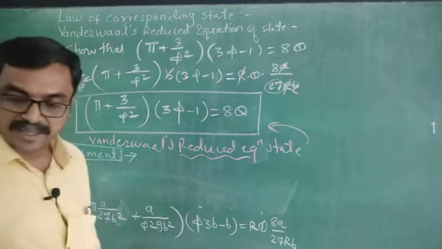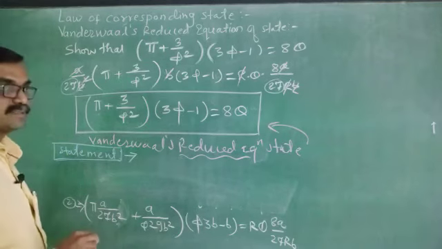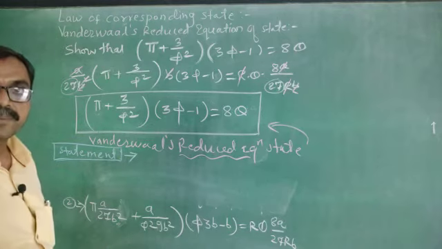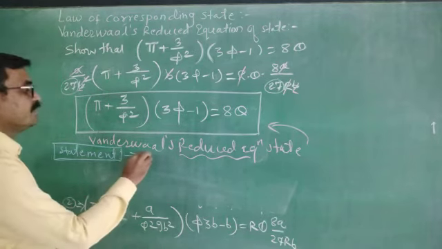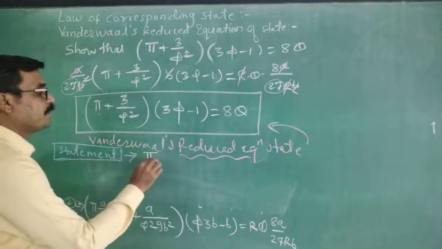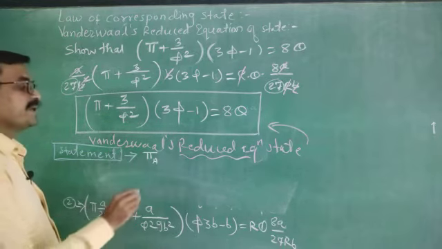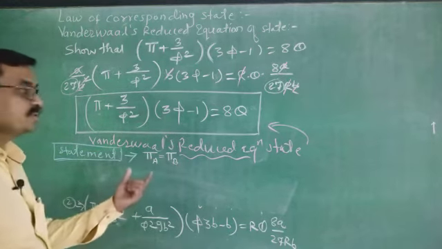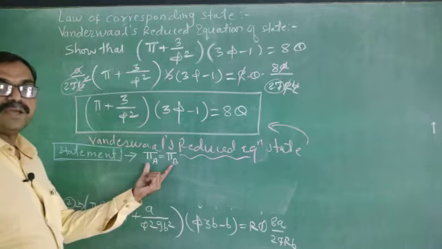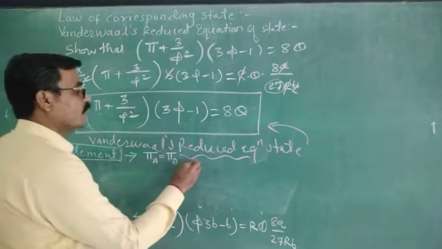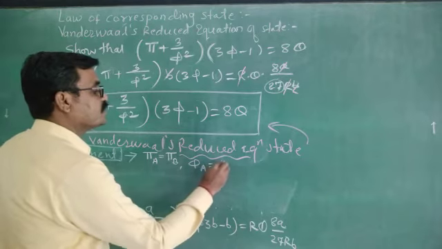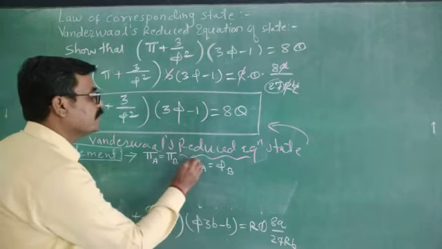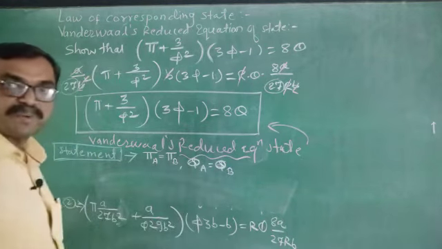Mathematically, if we have 2 substances, first substance as capital A and another substance as capital B. If the first substance has reduced pressure pi A, second has reduced pressure pi B, means reduced pressure of both A and B are the same. Also reduced temperature is the same. Because what is theta? Theta is reduced temperature.